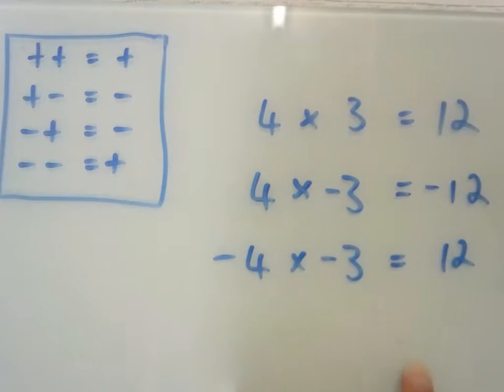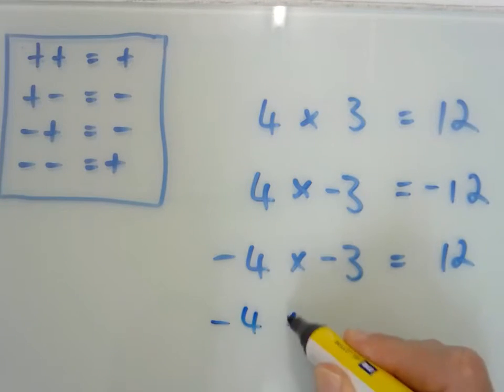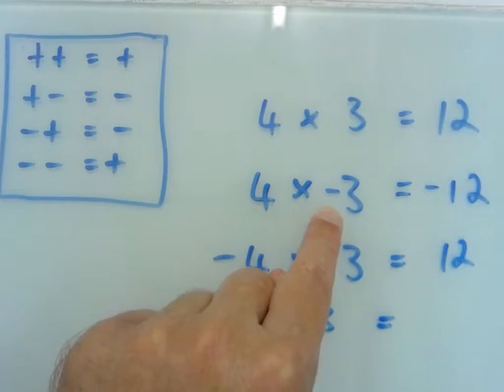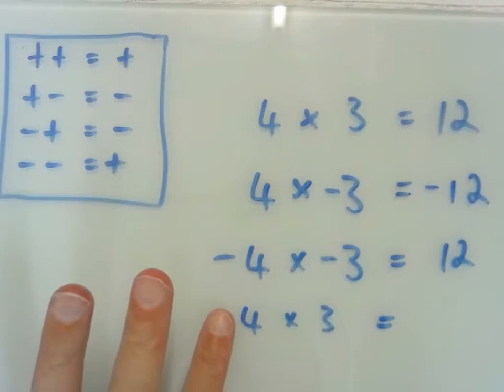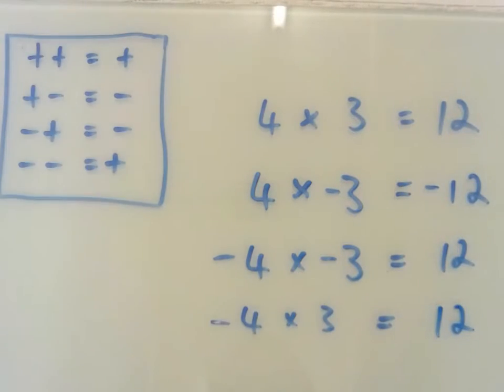Clearly I don't need that positive there. How about if it's just the 4 that's negative? Before up here we had the 3 negative. So again, we're going to put our finger over the negative. 4 3s are 12. When we lift our finger, technically what I've got is a negative here and a positive here.